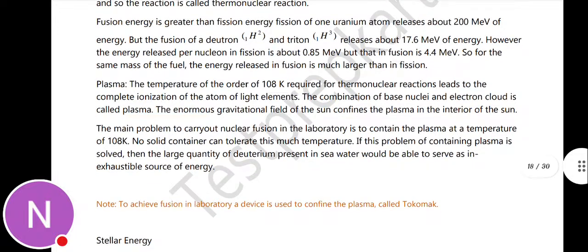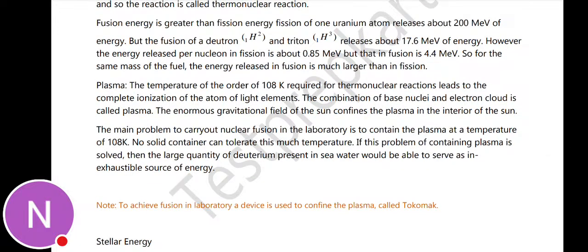The main problem in carrying out nuclear fusion in the laboratory is to contain the plasma at a temperature of 10^8 Kelvin. No solid container can tolerate this much temperature.